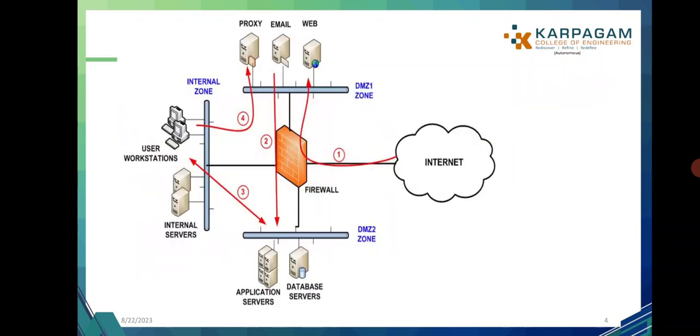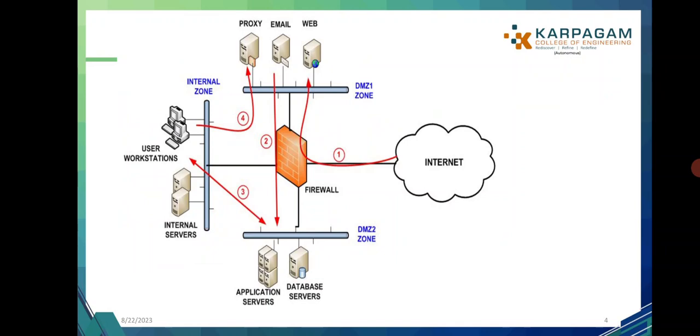Then this image will show you a quick look at how a traditional network is connected to the internet. That is, how your local area network is connected to the internet and how the data is handled, right? Here I have given 4 steps actually. The data comes from the internet and enters into your local area network.